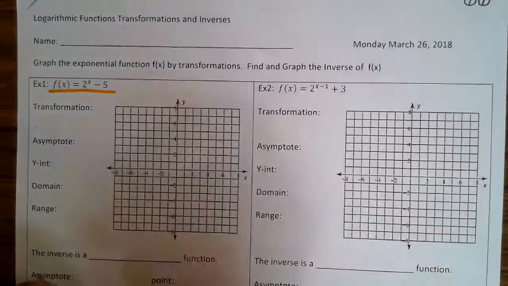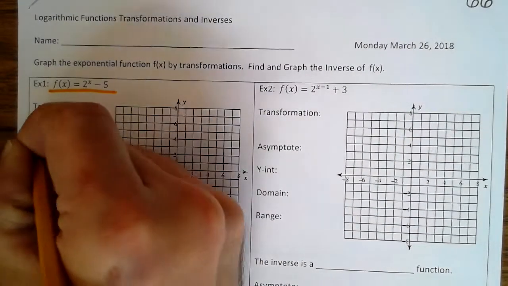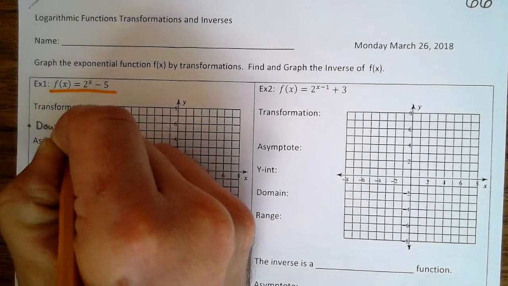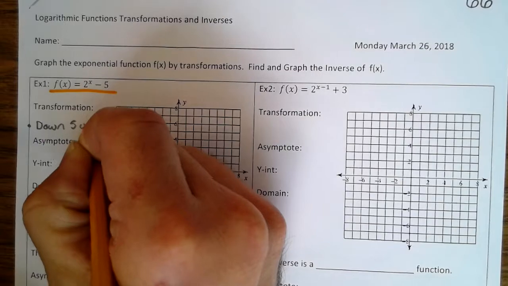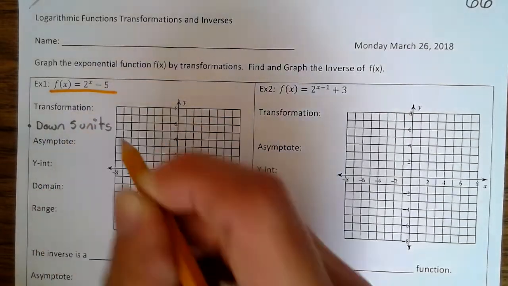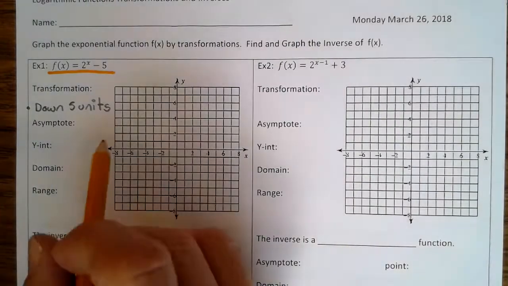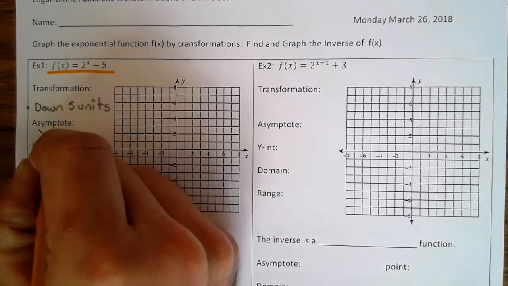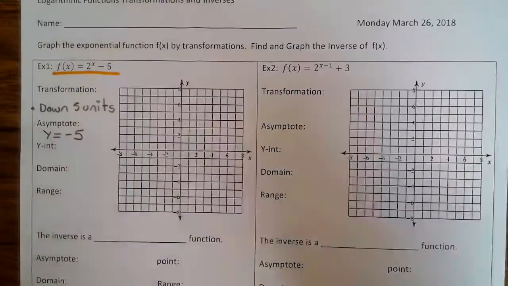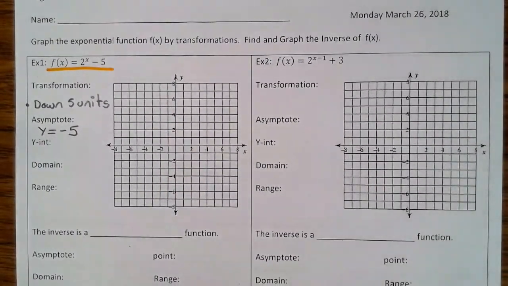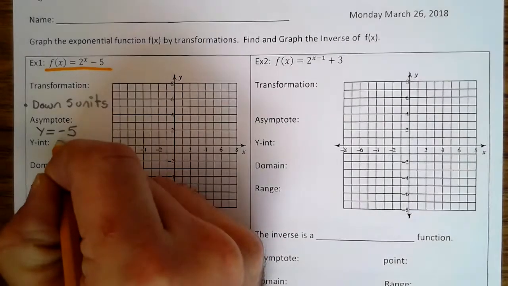So transformation, first off, it's down 5 units. Okay, the asymptote is y equals -5. The y-intercept, well, to find the y-intercept, we know x equals 0.